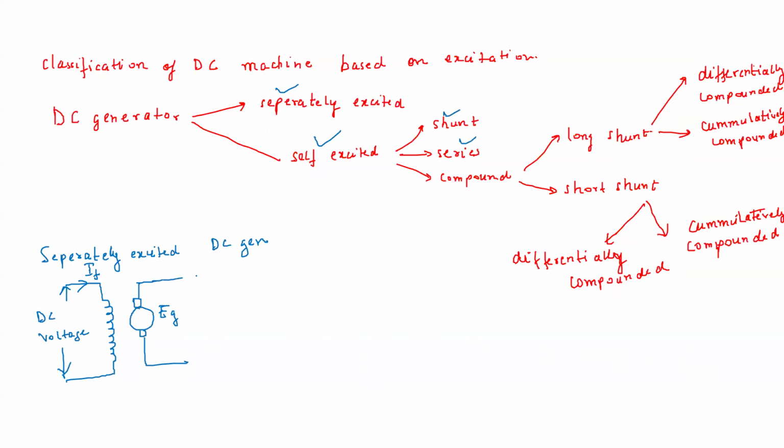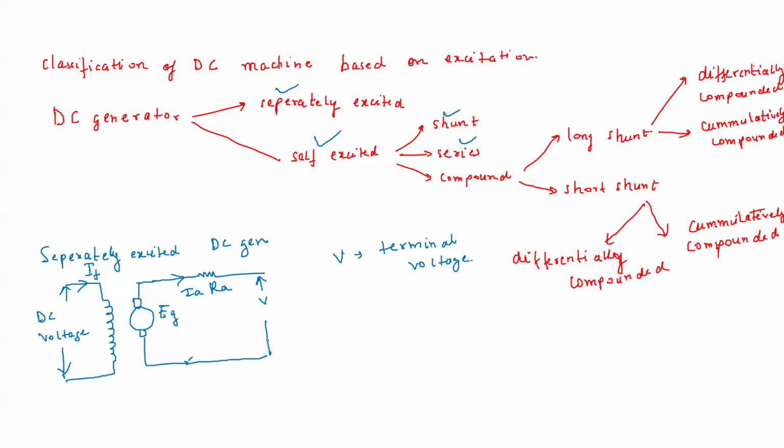Then let us suppose that there is some small armature resistance drop, and then this is the current IA, which is armature current. And let us suppose this is voltage V. So this V is terminal voltage. In questions, you will be asked to find terminal voltage for a separately excited machine, for a shunt generator, or for a series generator.